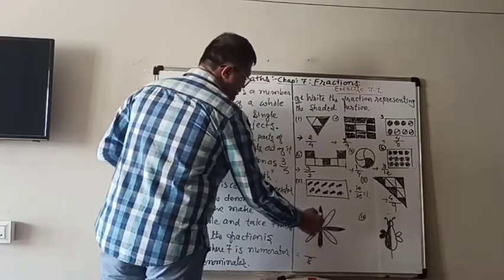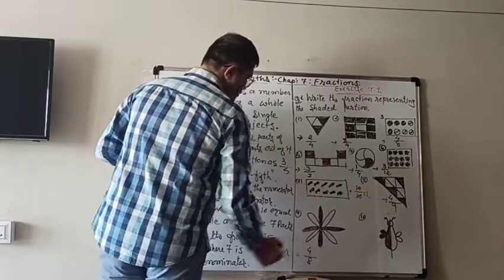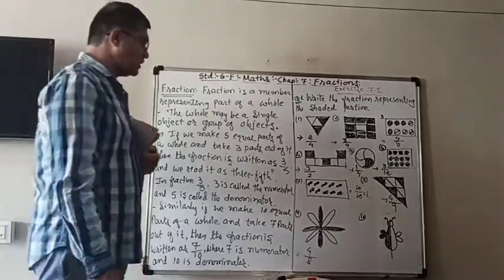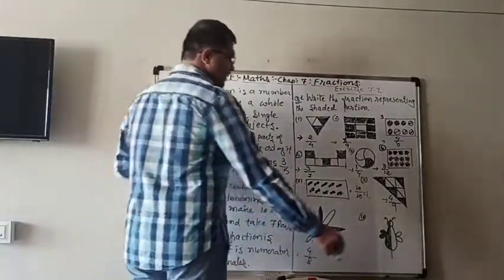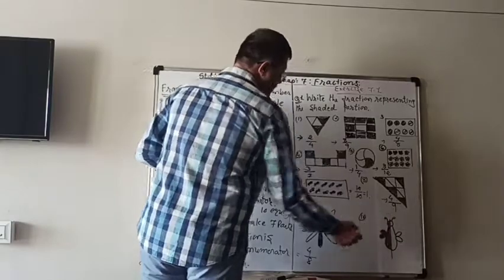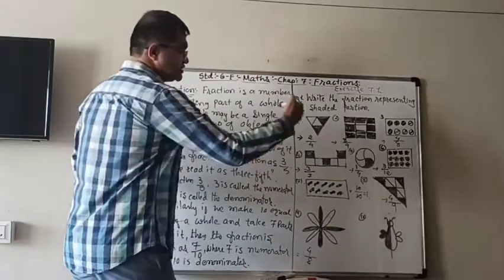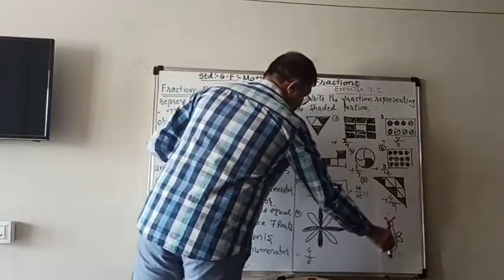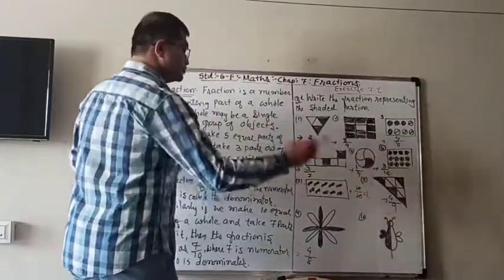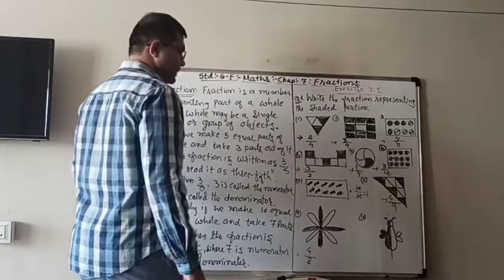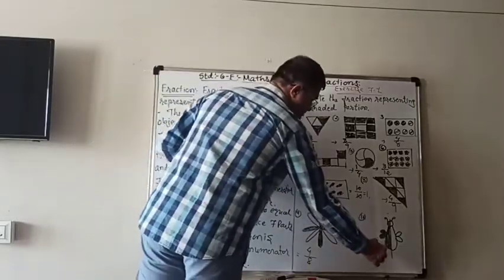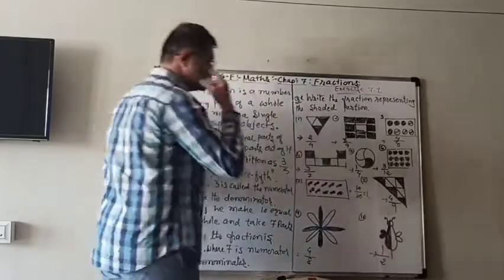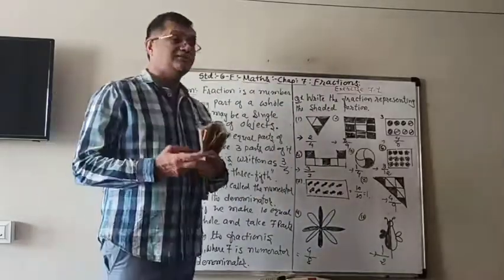Out of that, 4 are shaded. So we represent it as 4 upon 8. And then last, you can see that it's like a butterfly. It is divided into 2 equal parts because the line is drawn in the middle. So both sides are equal parts, and out of 2 equal parts, 1 is shaded. So 1 by 2, which means half.